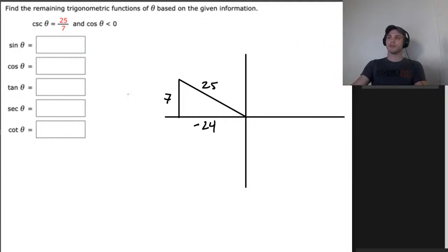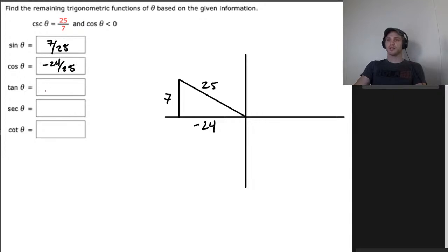Okay, now we just use these values and figure out our trig functions. The sine is the y over the r, so 7 over 25. Cosine is the x over the r, negative 24 over 25.